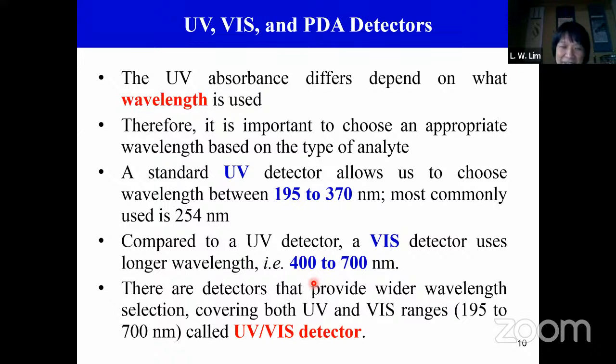But then when somebody returns your UV detector and just connects it to your system, if they didn't tell you they used it and forgot to change the wavelength back, the setting is still 430, and then you use it for your own sample, you can never see the peak.